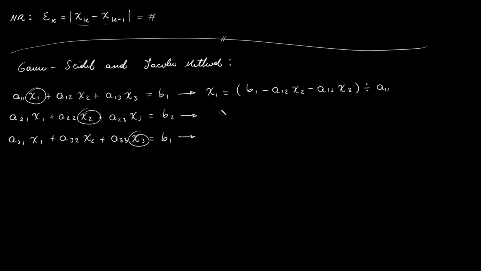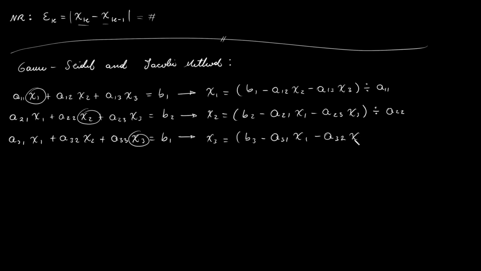There's no problem with that. There's no shame. Divided by A11. Then X2 equals B2 minus A21 X1 minus A23 X3, divided by A22, and I'm trying not to make a mistake as I go. And then the last one, thank God, X3 equals B3 minus A31 X1 minus A32 X2, and then divided by A33.